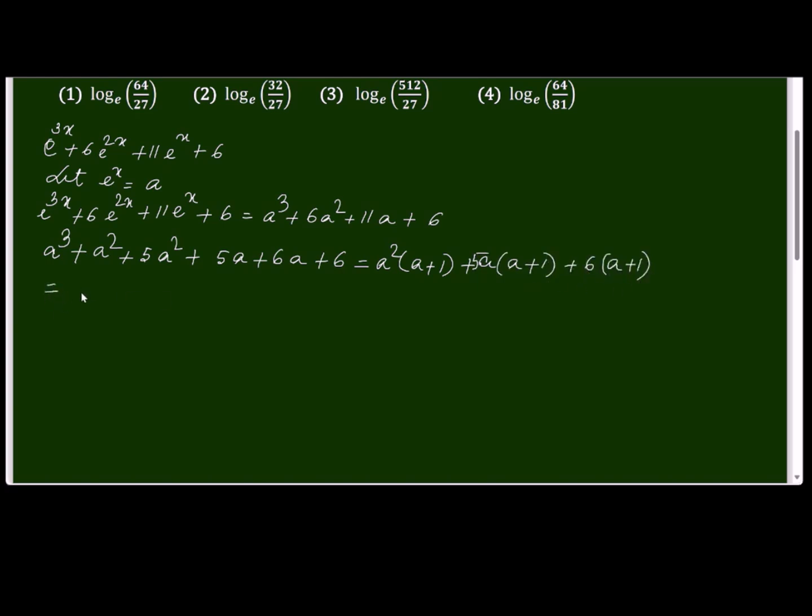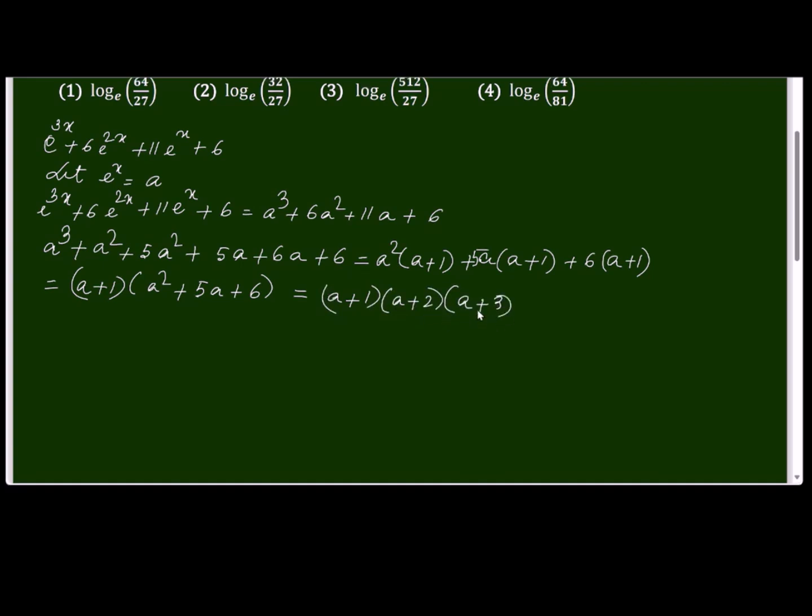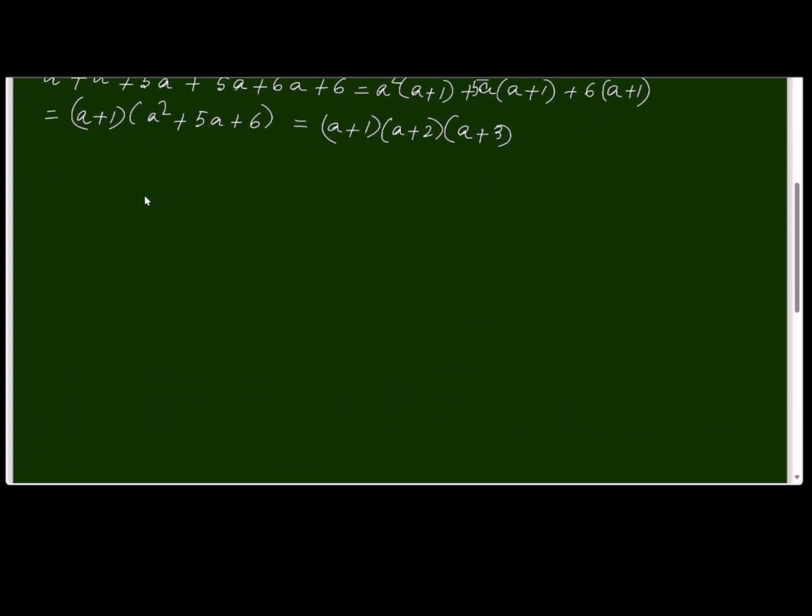Or this is (a plus 1) multiplied by (a square plus 5a plus 6), and with further factorization it will be (a plus 1)(a plus 2)(a plus 3). So now I am writing the integral.